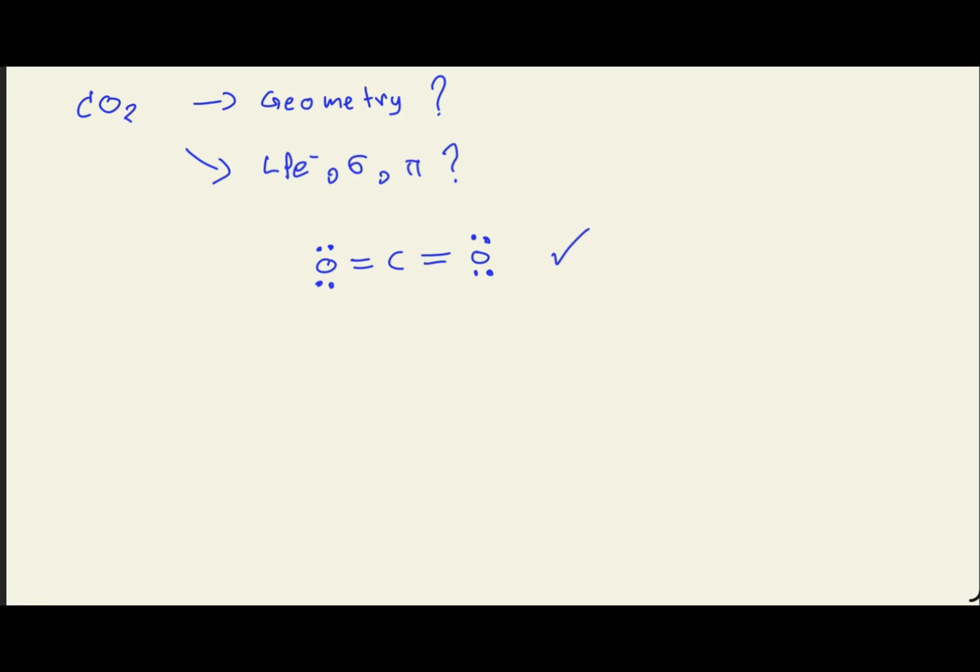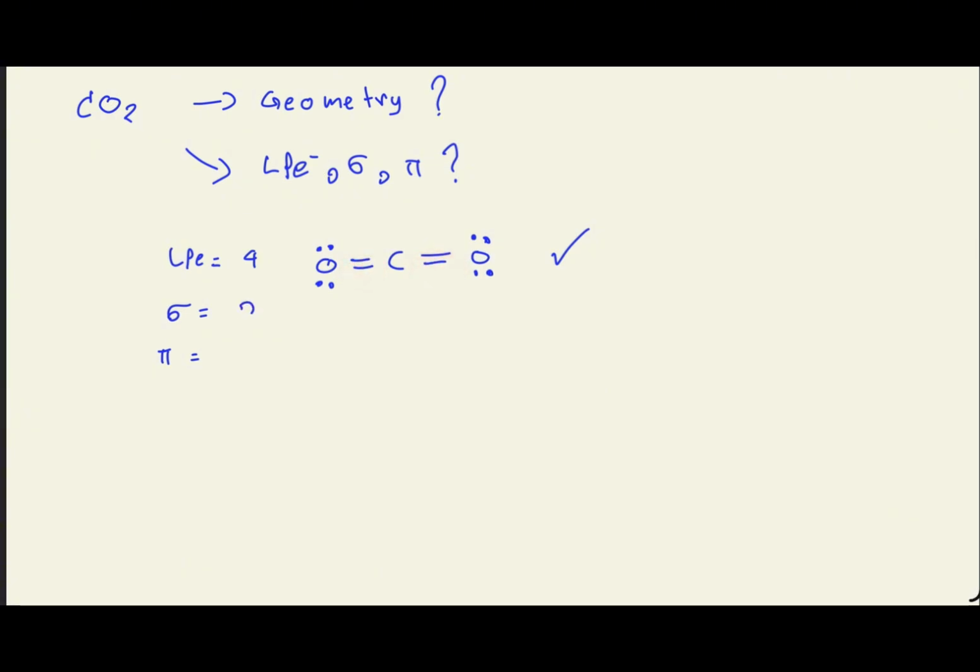Now we know the shape. Let's count the lone pairs, sigma bonds, and pi bonds in this molecule. We have a total of 4 lone pairs, right? 4 lone pairs. For sigma bonds, which are the single bonds, we have 2.